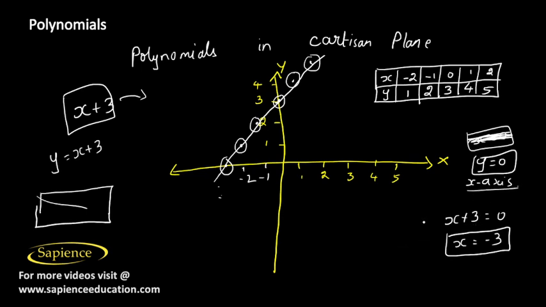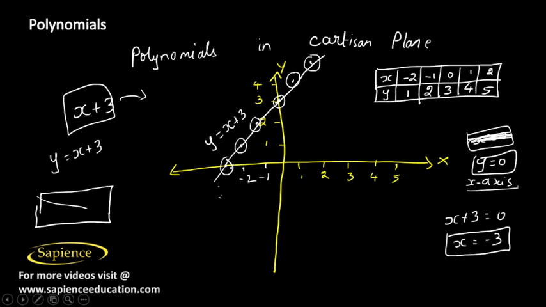So at what value of x, when the value of the polynomial is becoming 0, that is called 0 of this whole polynomial. So this line is the polynomial which can be represented like this: y is equal to x plus 3. It can be represented as a line in the Cartesian plane, and this line where it crosses the x-axis or where it crosses y equal to 0, that point is called the 0 of the polynomial.